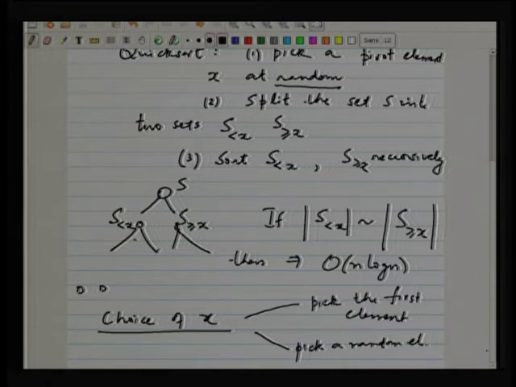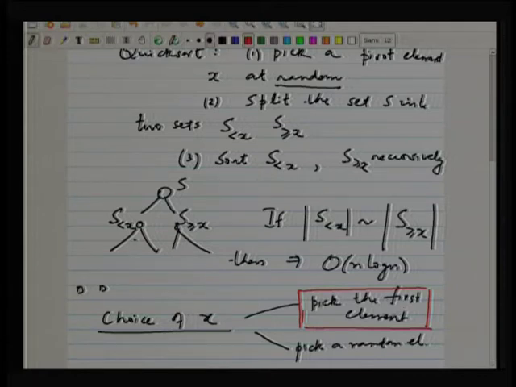The difference between these two versions is that in textbooks you will find that this is the version that is being analyzed, and then you can actually come up with a pretty bad permutation, namely that if you have your initial sequence of elements sorted in reverse order, then when you pick your pivot using this method, that is pick the first element, then you are going to incur a huge cost.